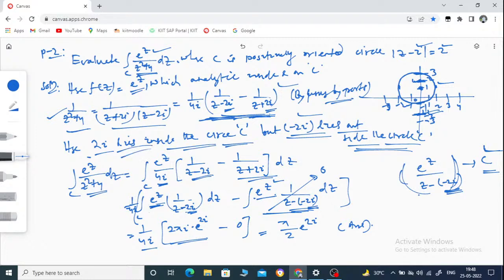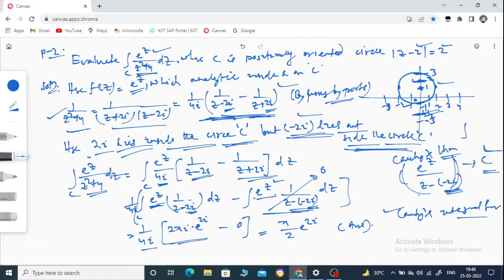If z naught is inside the circle, then you will use Cauchy's integral formula. If z naught is lying outside the circle C, you have to use Cauchy's theorem.